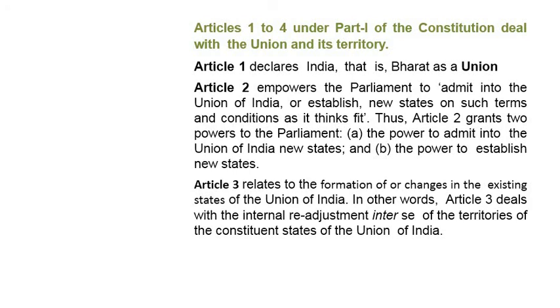First is the power to admit new states into the Union of India, and second is the power to establish new states. That means India can acquire a new state from outside the Union territories. Also, it can make new states within its boundary for the betterment of the administration.